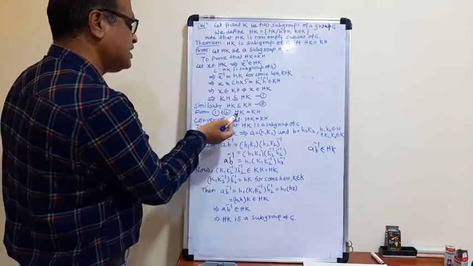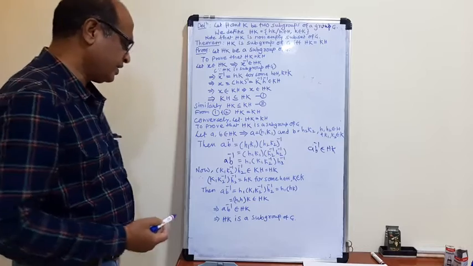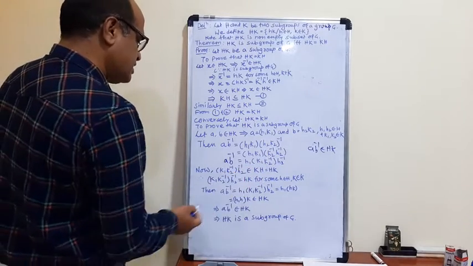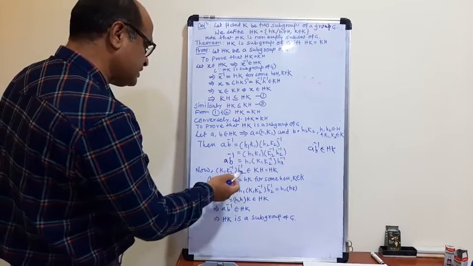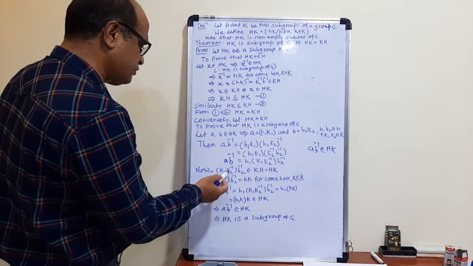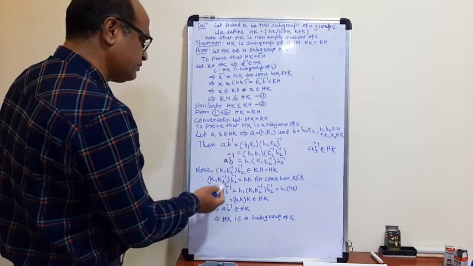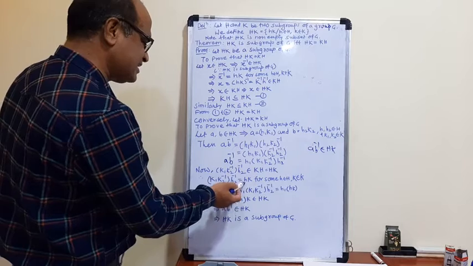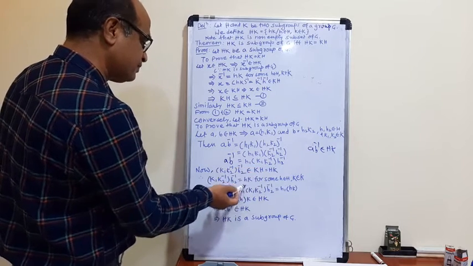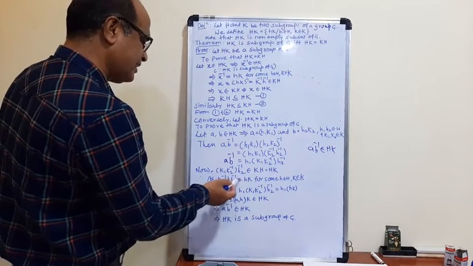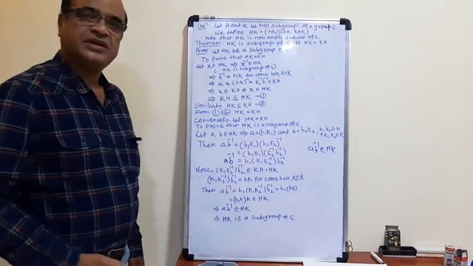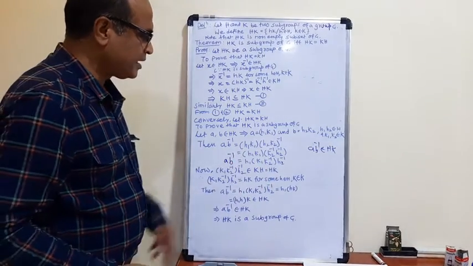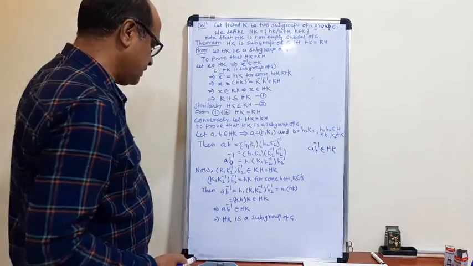KH is HK. Therefore this element can be written as K1 K2 inverse times H2 inverse equal to HK, for some h belonging to capital H and k belonging to capital K.